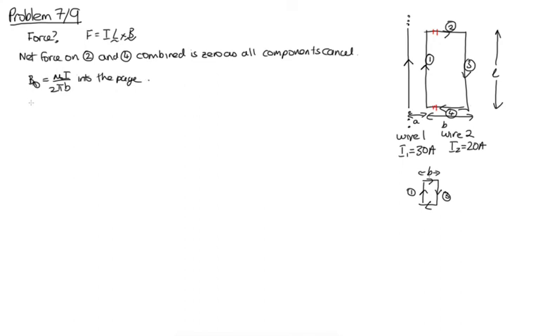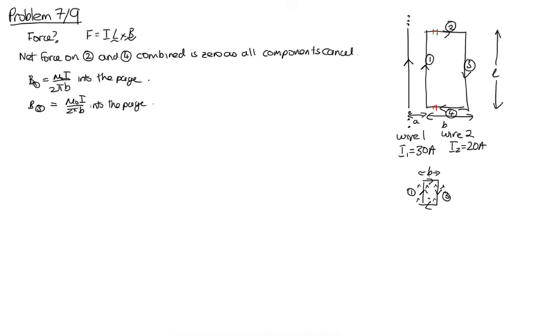And similarly, if we work out the magnetic field on 3 due to 1, we've got mu naught I over 2 pi B again, that's on this side due to this one, and again with your right hand rule you can see that this is going to go into the page. So now we've got magnetic fields going into the page like this.